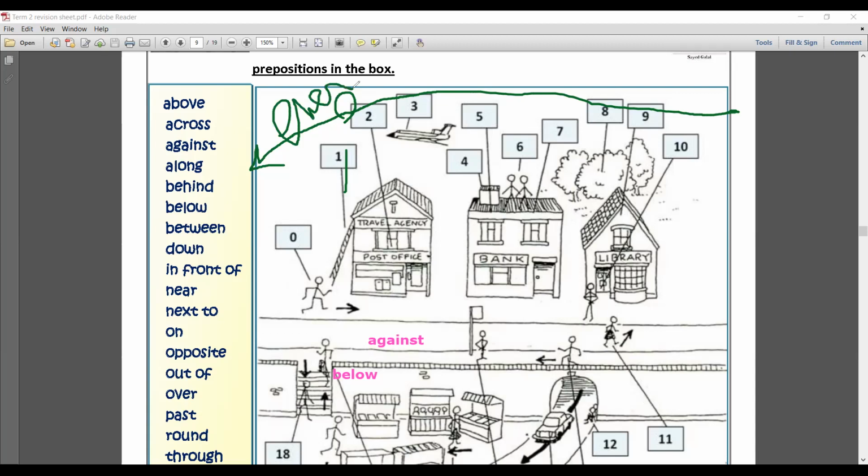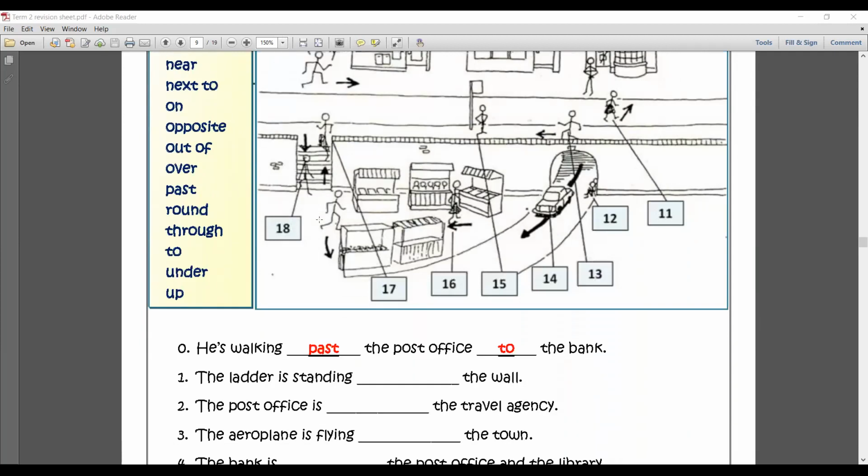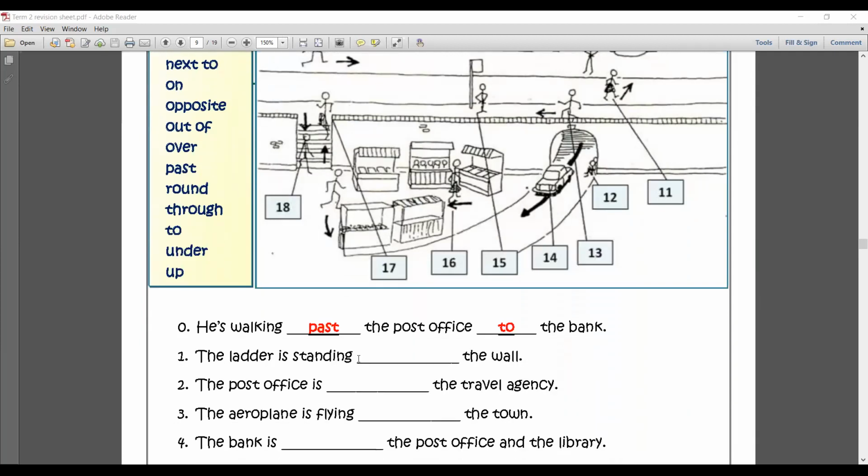Very good. Over. So number three is going to be over. We said the first one is against. The second one is below. The third one is over.